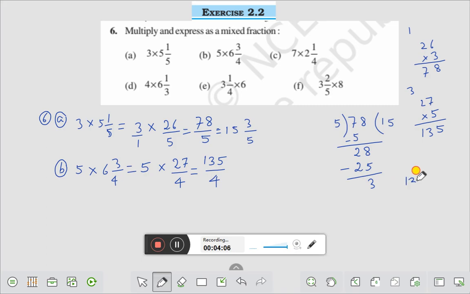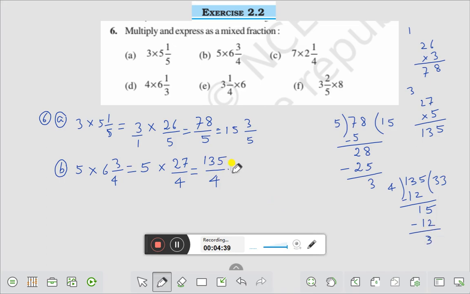We will divide 135 by 4. That is 4 threes are 12. 13 minus 12, that is 1. It is 15. Right? Now 4 threes are again 12. Subtract 15 minus 12 is 3.